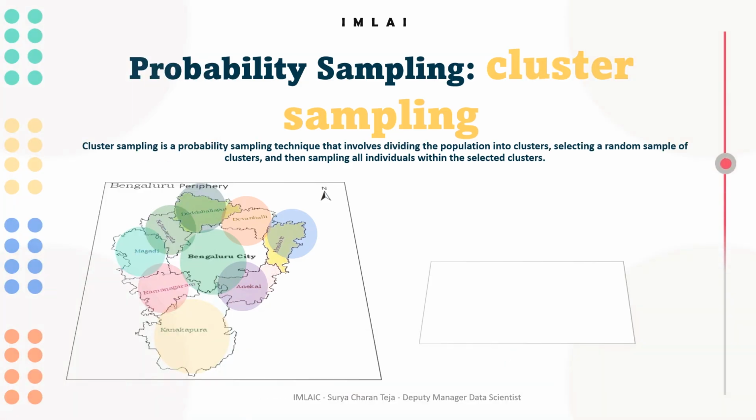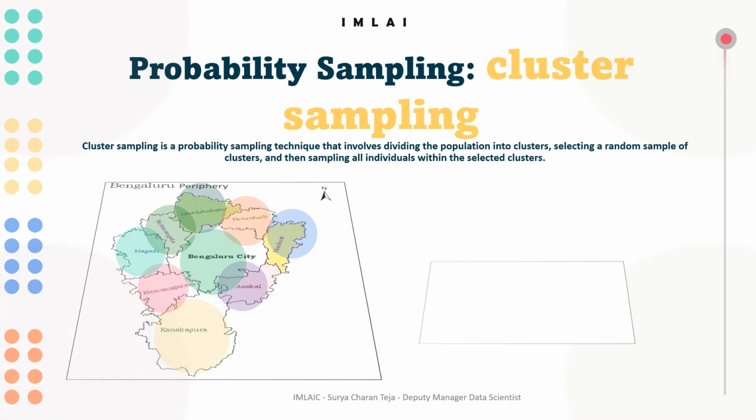Now we have to divide the population into clusters. That is our second step. We divide the population into neighborhoods, with each neighborhood being a cluster. Here we are dividing this Bengaluru district into different sub-cities, which we call taluks.